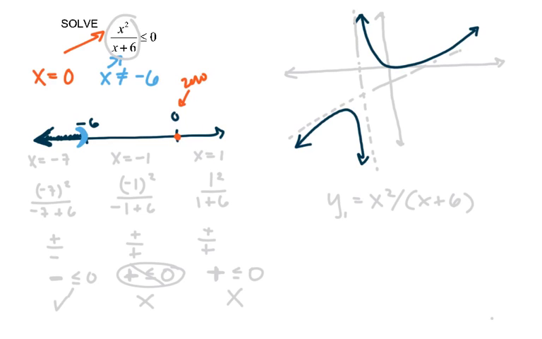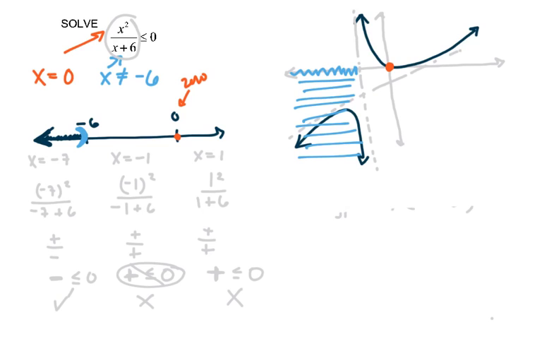All right, and so this is saying, where is the graph less than or equal to 0? Well, clearly to the left of negative 6, everywhere over here, we are below the x-axis. But equal to 0, we are touching the x-axis right at that one value.